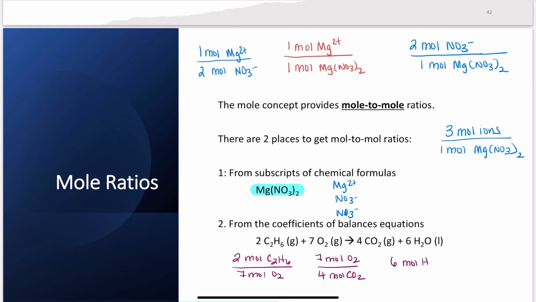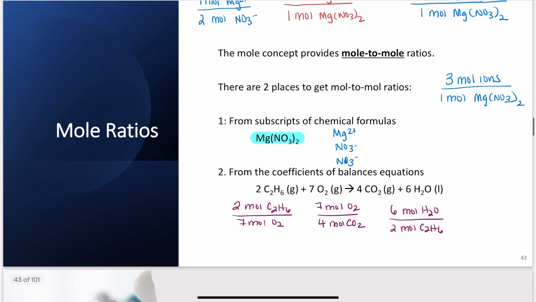I could say 6 moles of H2O for every 2 moles C2H6. I can do anything in the numerator or the denominator from the chemical formula or from the balanced equation itself because they're all giving me mole ratios.